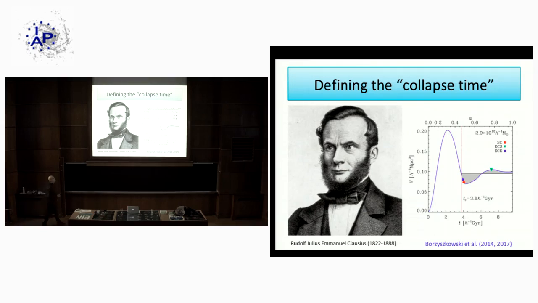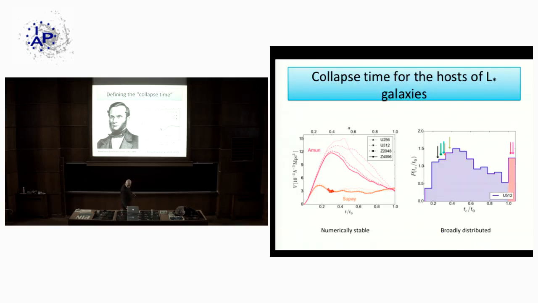One of the conditions for the validity of the virial theorem is that the volume in which your particles are confined is stable over time. So we decided to define the collapse time as the first time at which the integral of the volume fluctuation, with respect to the mean, at all later times is equal to 0.